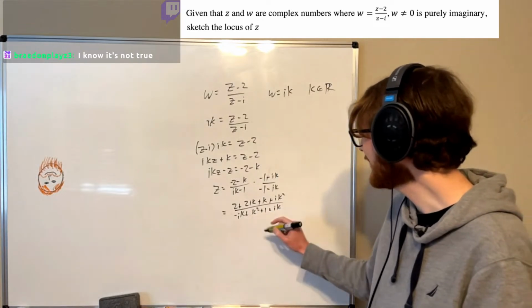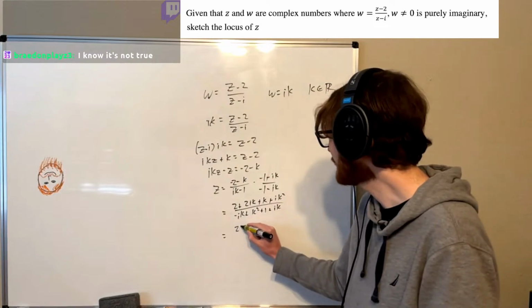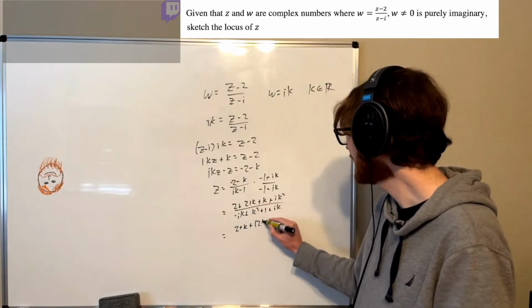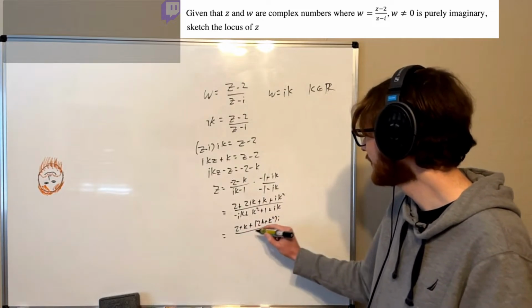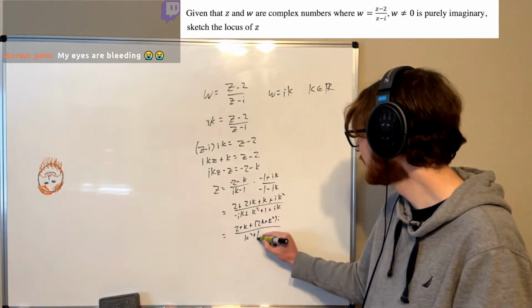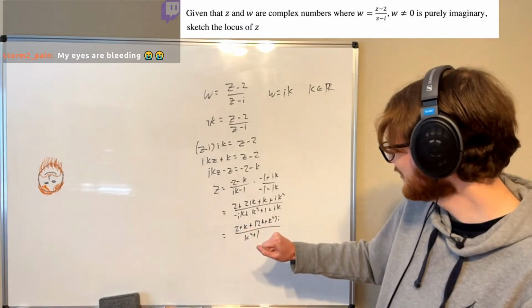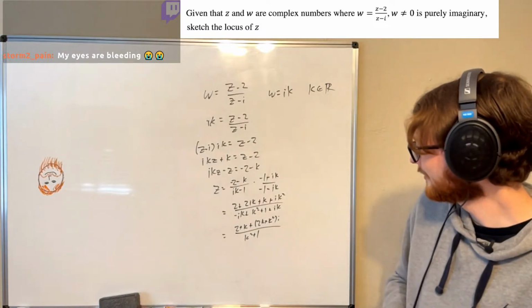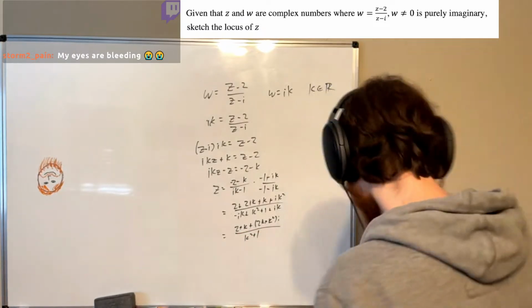So the ik's go away as we expect. We get 2 plus k plus 2k plus k squared i over k squared plus 1. And so does k equal -2? Well, no, not necessarily. Or does it? If we want to get rid of the real part, do we take k equals -2?